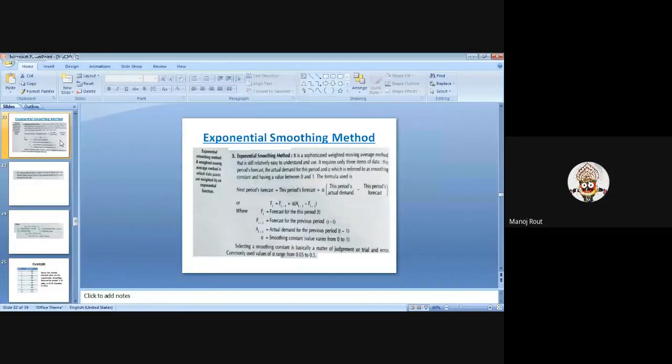You can use directly this formula, that is Ft equals Ft-1 plus alpha into At-1 minus Ft-1.